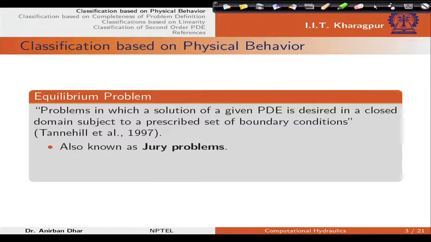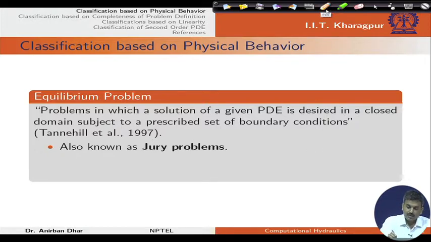Classification based on physical behavior. The first kind of problem is called an equilibrium problem. As per Tannehill et al., these are problems in which a solution of a given partial differential equation is desired in a closed domain subject to a prescribed set of boundary conditions.